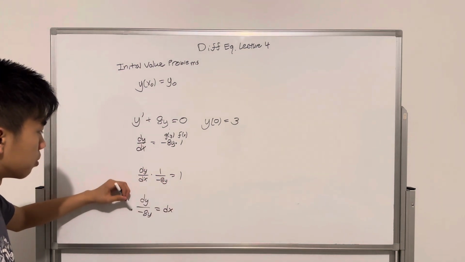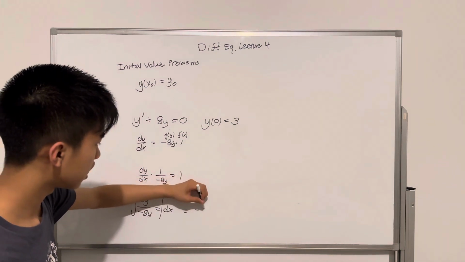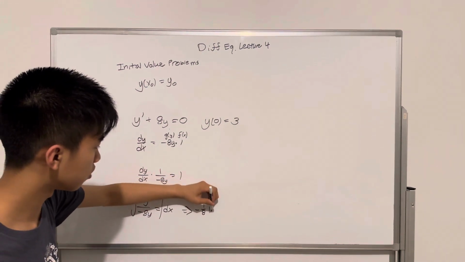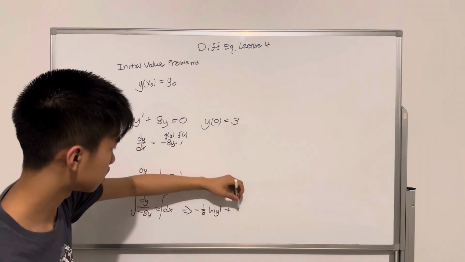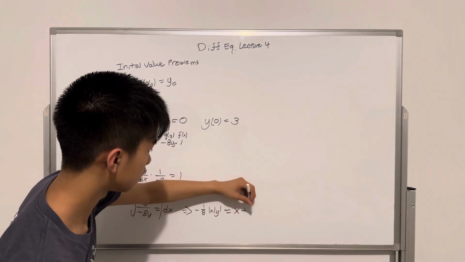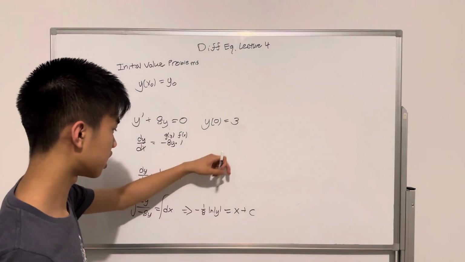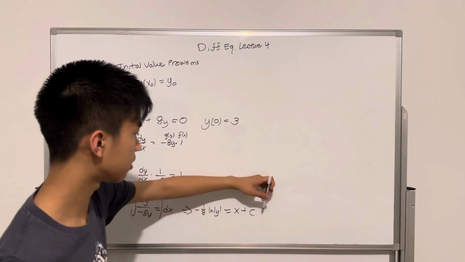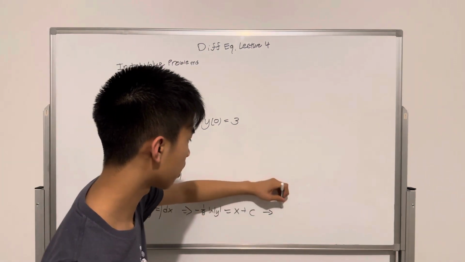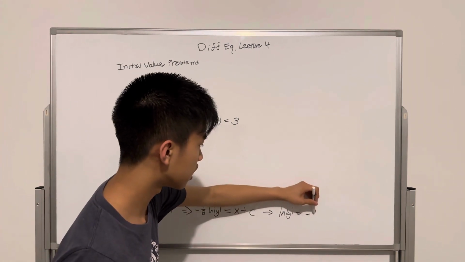We can integrate both sides. So we now have negative 1/8 ln y equals x plus c. Now we can just multiply both sides by negative 8, so we have ln of y equals negative 8x plus c.